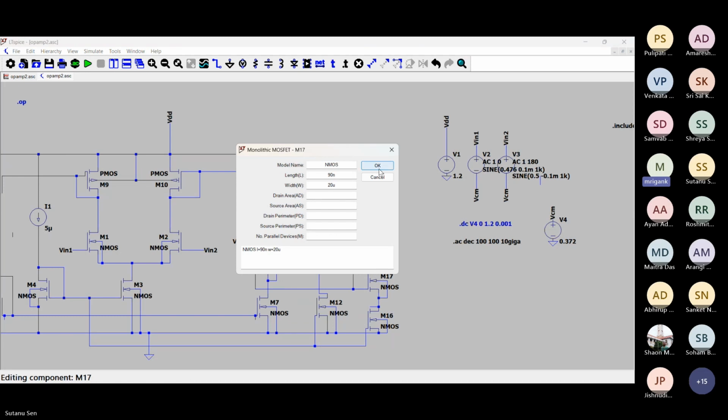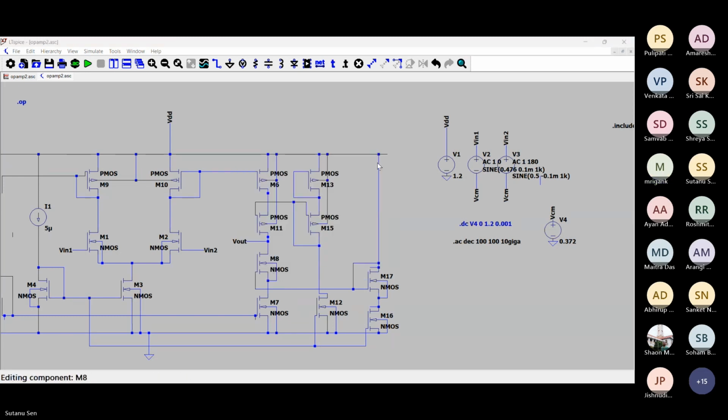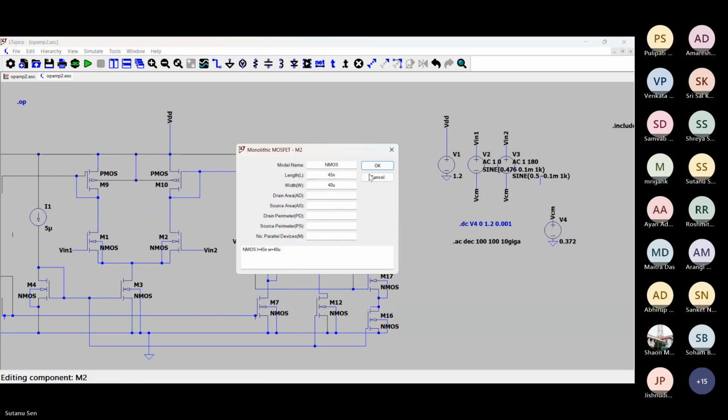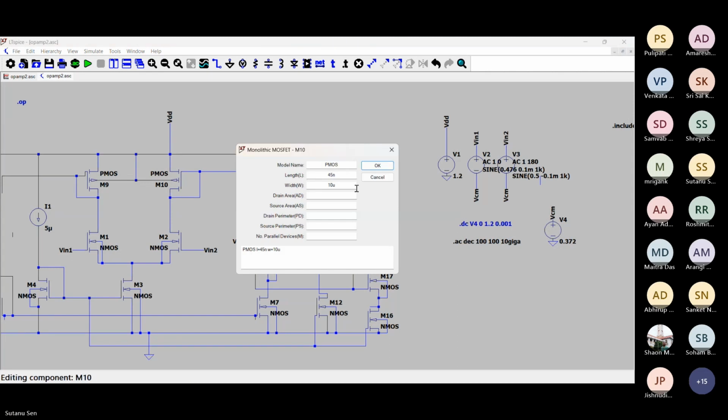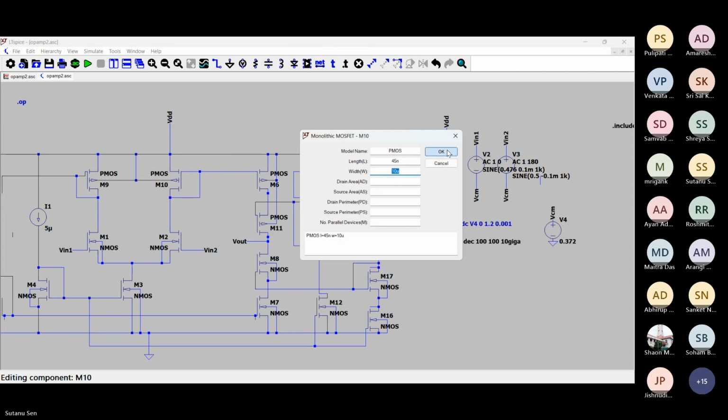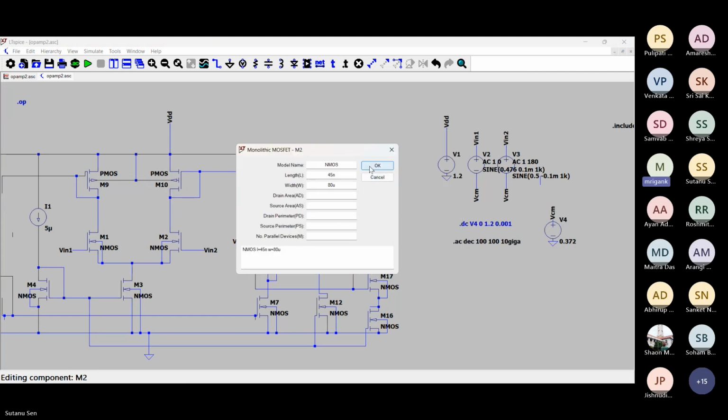Input device also you can increase. No, input device length does not matter. You don't need to increase the length of the input device, only the W. Which device is this?